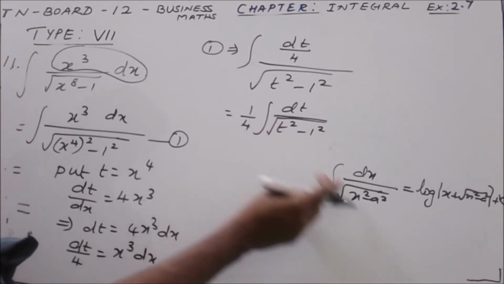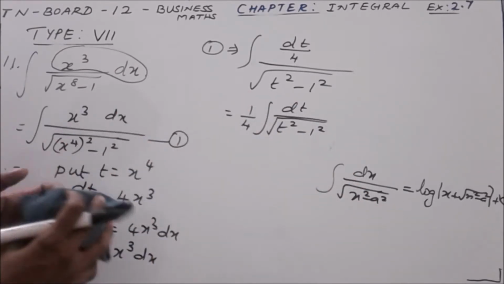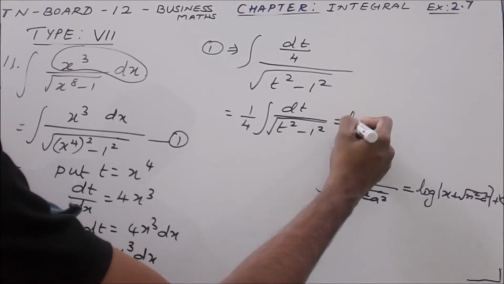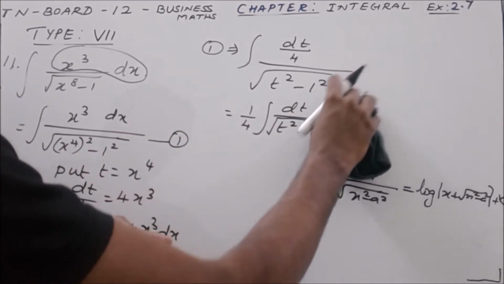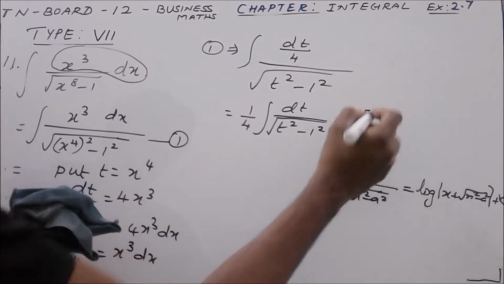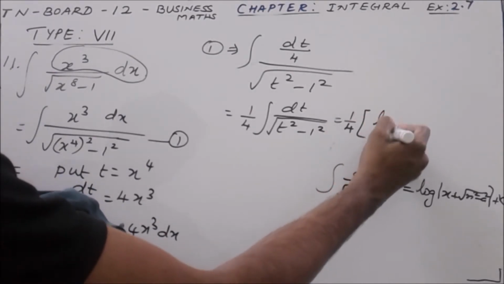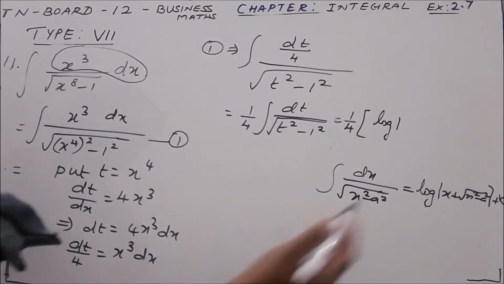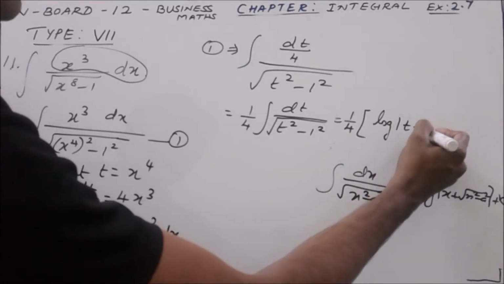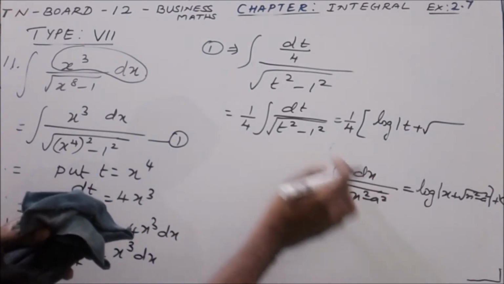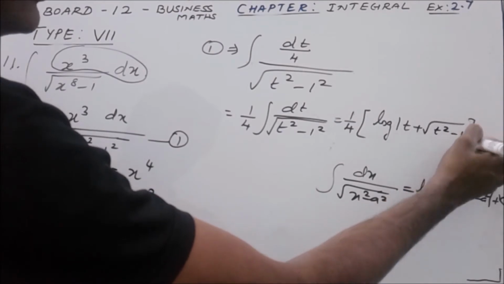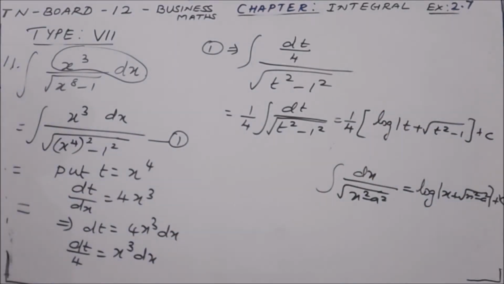So x is equal to t and a equal to 1. Substituting here we have 1 by 4 remains as the constant, and then by formula log of modulus of t plus root of t square minus 1 plus the constant of integration c.